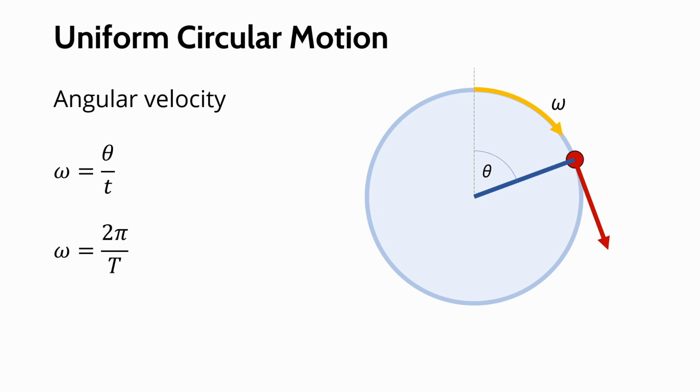So omega equals 2 pi over T. That's an important formula. That's one that you're going to see in this topic and in simple harmonic motion as well. Because frequency equals 1 over T, sometimes we write down omega as 2 pi f. We're less likely to use that in this topic, but it is one that you're going to have to use in the future.